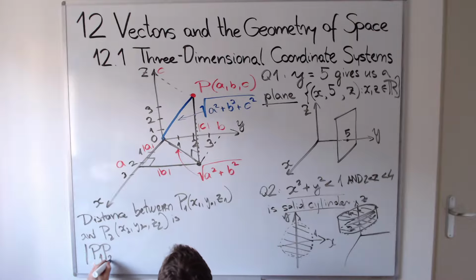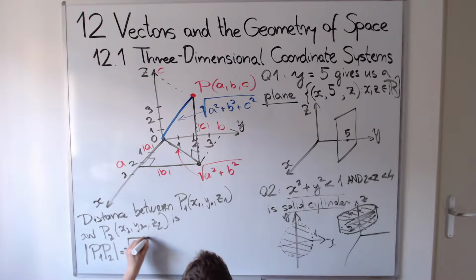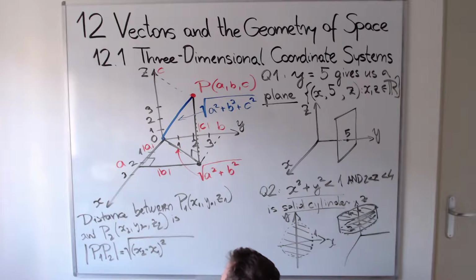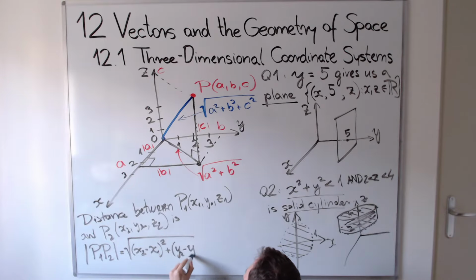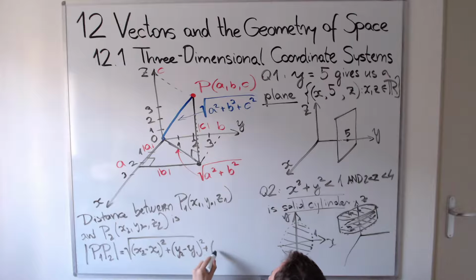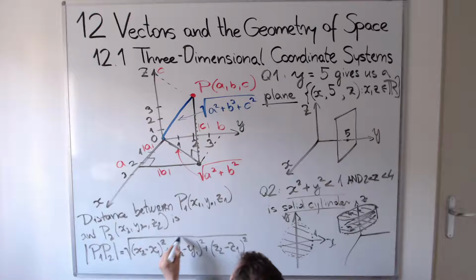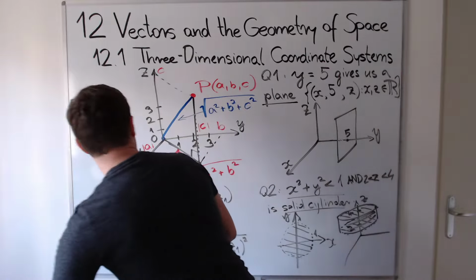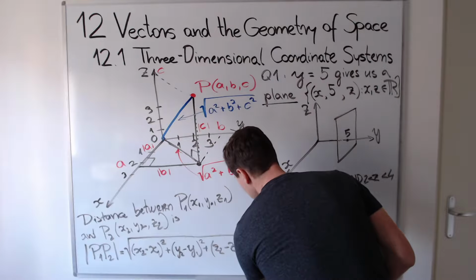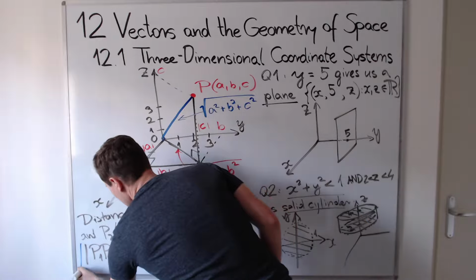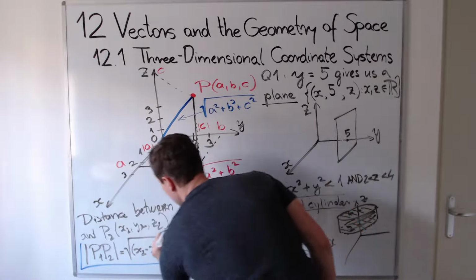So the distance between P1 and P2 is the square root of the squared sum of the differences between corresponding coordinates. So we take the square of x2 minus x1, the square of y2 minus y1, and the square of z2 minus z1. We add these squares up and take the square root. So that's the distance between these 2 points.